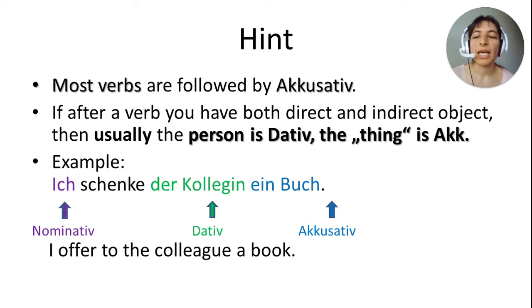What I mean, ich schenke der Kollegin ein Buch. Schenken is such a verb that requires dative and accusative. Dative for the person you're offering something to, and accusative for the thing you're offering.